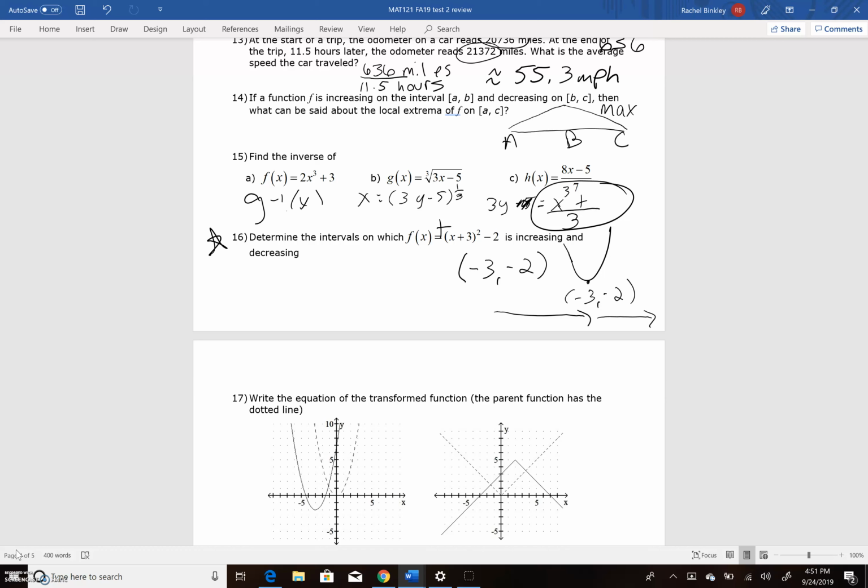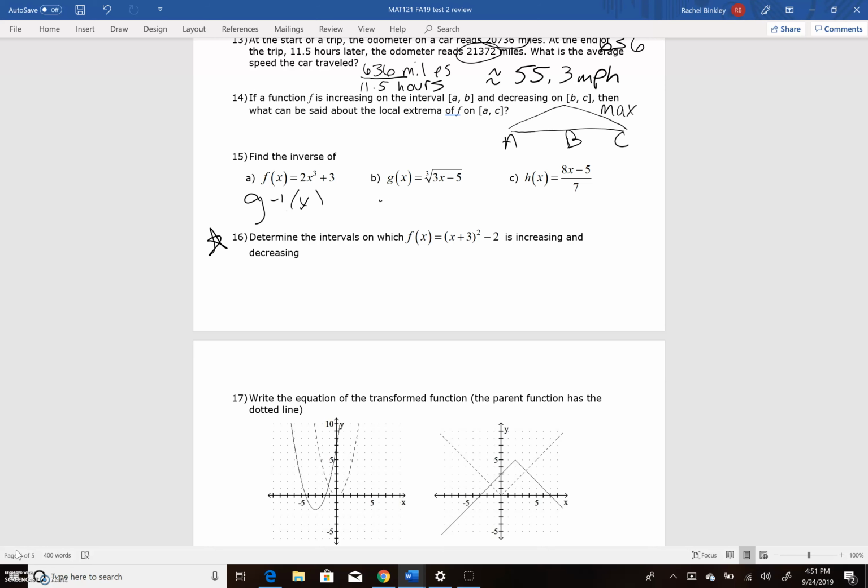And now finding the inverse of h. So we're going to have x equals 8y minus 5 over 7.